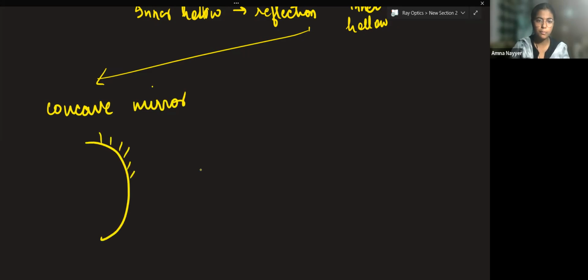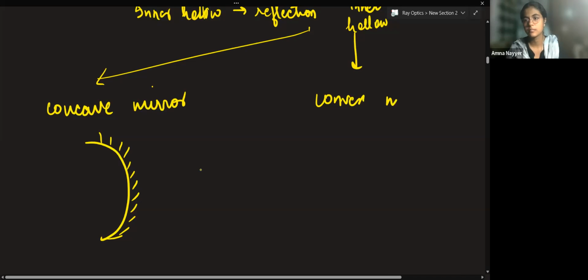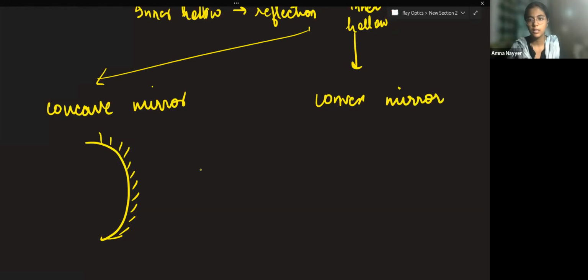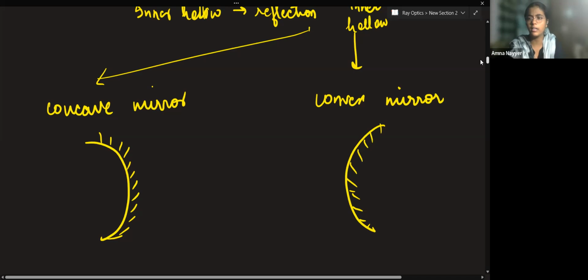This outer part is silvered and reflection will occur here. And for the convex mirror, we'll be depicting it by this symbol. These rough lines show that this has been silvered or painted, fine? Because obviously you cannot color it and draw it every time.